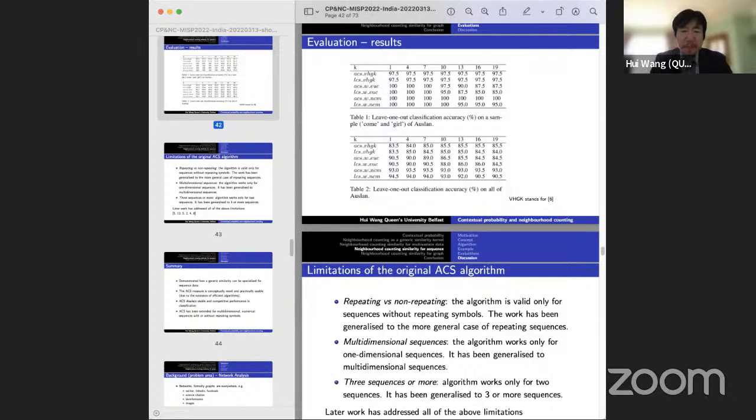One line of my current work is to use the contextual probability for explaining decisions. We build a machine learning model to do classification, but how can we explain the classification? We can explain in terms of identifying the attributes which have significant contribution to the classification.